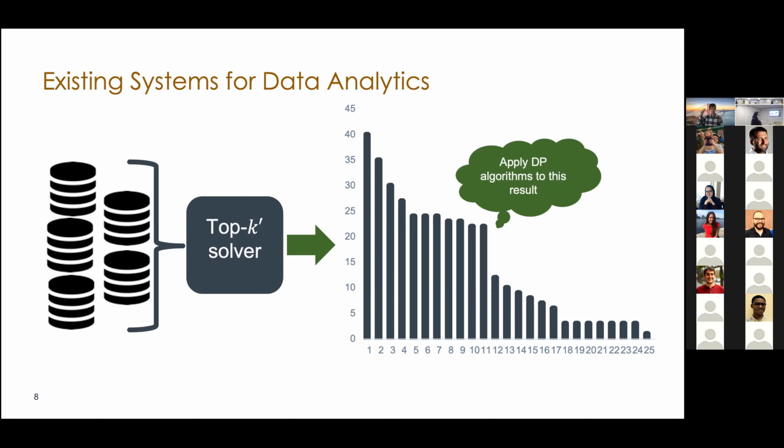What this prevents us from doing is going to the raw data records and trying to enforce some sensitivity constraint there, limiting the number of records that one user might be able to include in the system. So rather, we want to just take this histogram and apply differential privacy on top of this.